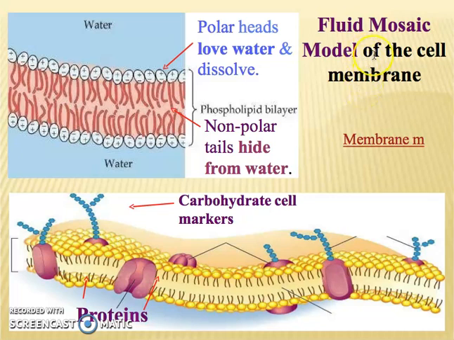Secondly, the word mosaic comes from the fact that the surface is not smooth. As you can see, the surface of the cell structure has protein structures present over the top layer. This protein layer is responsible for making it look like an uneven surface, and this uneven surface is what we call a mosaic pattern.